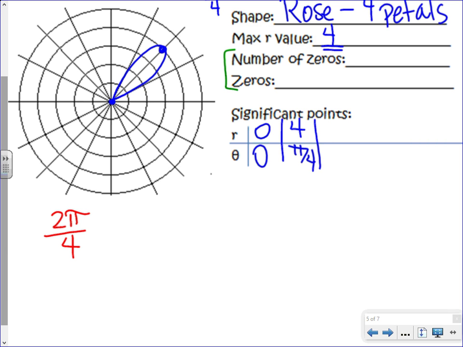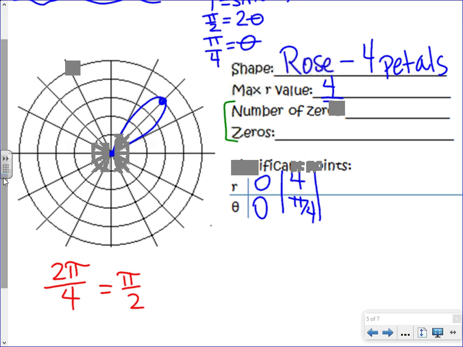So there's 2 pi radians split over 4 petals, so each petal must be pi over 2 apart, right? So if there's a petal at pi over 4, then there should be a petal at 3 pi over 4 and 5 pi over 4 and 7 pi over 4.